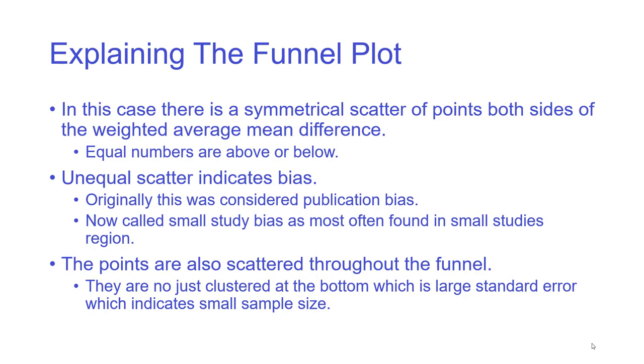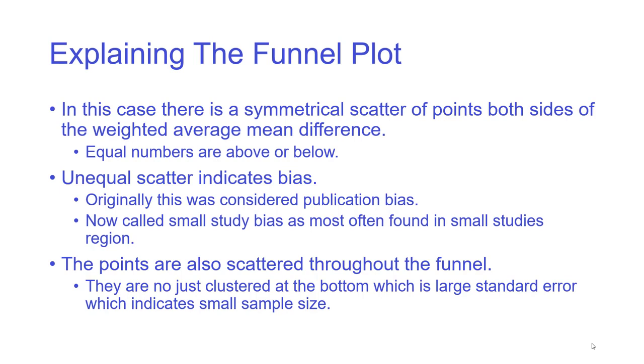Unequal scatter indicates that you've got bias, which might be due to publication bias, but is more likely a small study bias. Small studies, because they've got a high amount of variability, have a tendency to be either over or under published. So if you do a small study and you don't find a significant effect, you don't report it, so it will disappear from all of the studies.